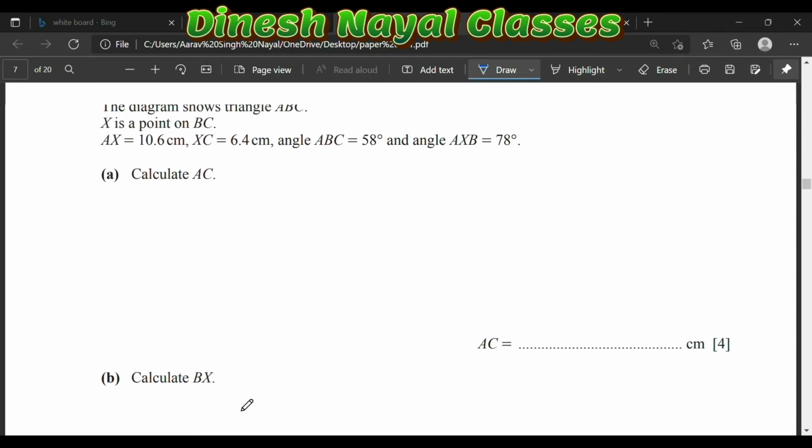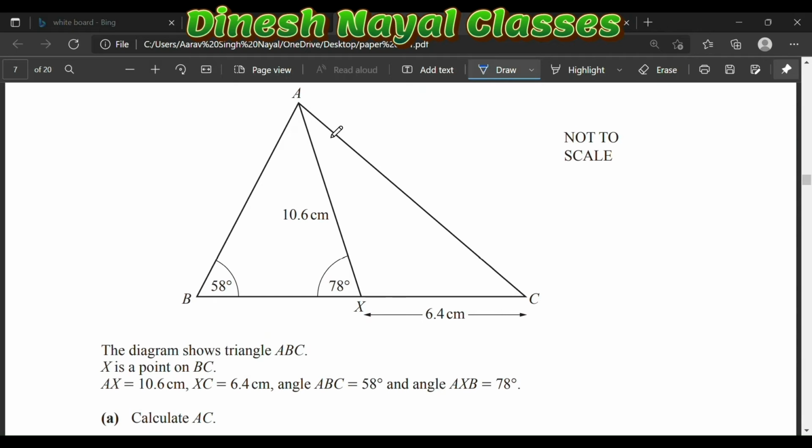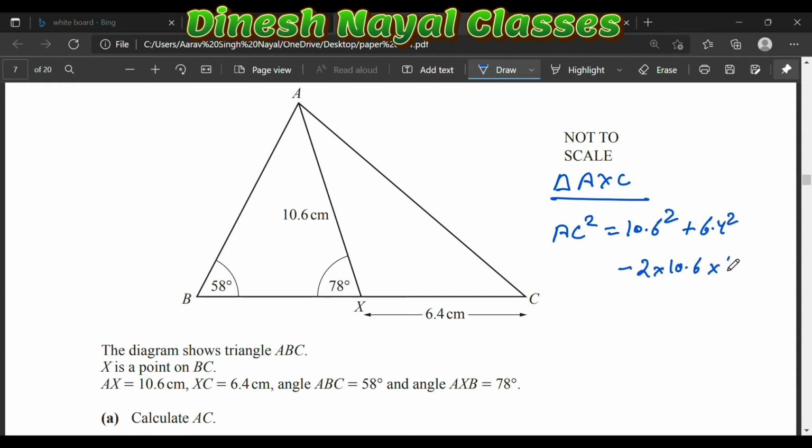and then apply the cos rule. So we are going to apply cos rule in triangle AXC. Now AC square equals 10.6 whole square plus 6.4 whole square minus 2 into 10.6 into 6.4 cos.